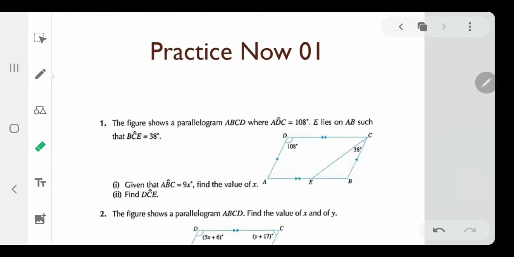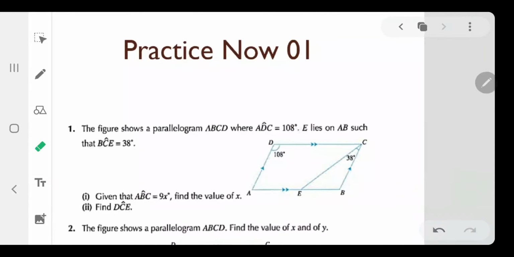So in this diagram, we can see that there is a parallelogram, which is ABCD, and we are given ADC which is 108 degree, BCE which is 38 degree.